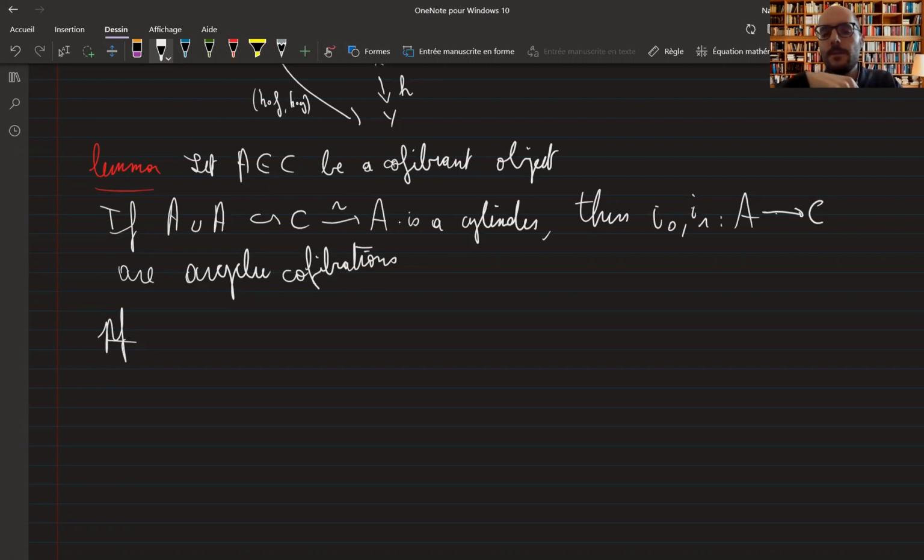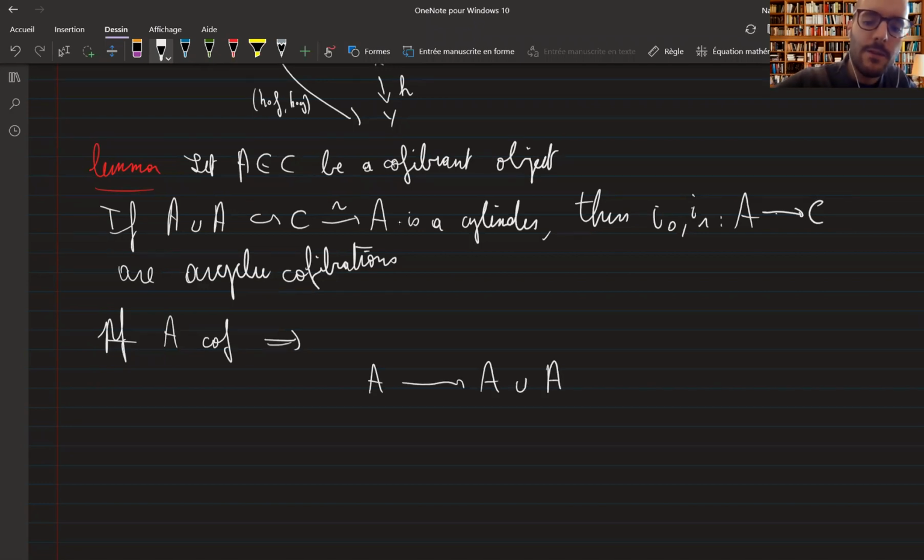So first of all, and this is something that is useful a lot of the time, because A is cofibrant, the map, the inclusion of A into its coproduct with itself, is a cofibration. Why? Because you have a push-out diagram like this, by definition of the coproduct, right?